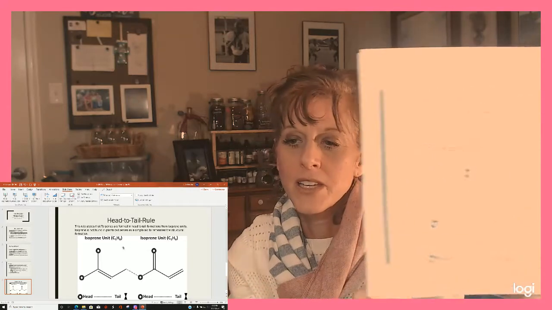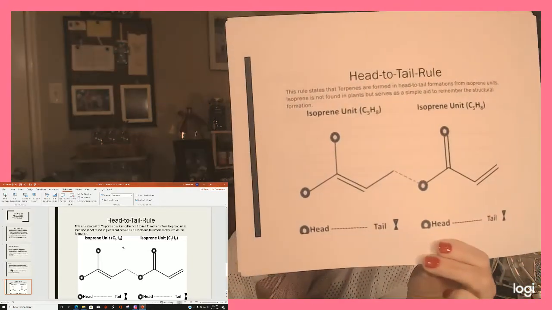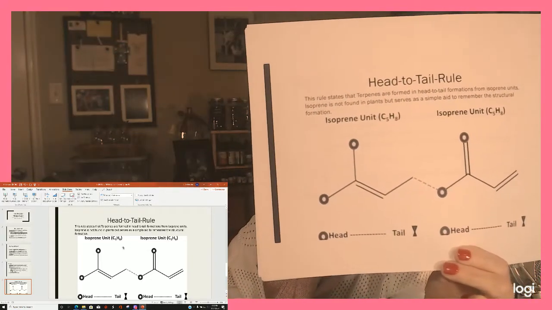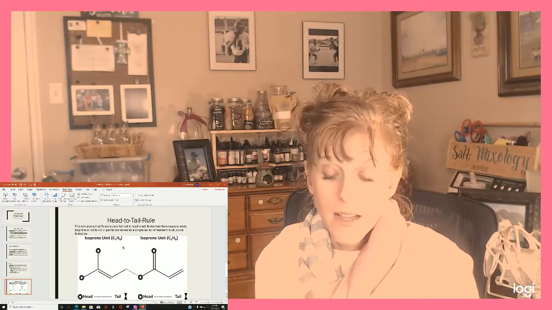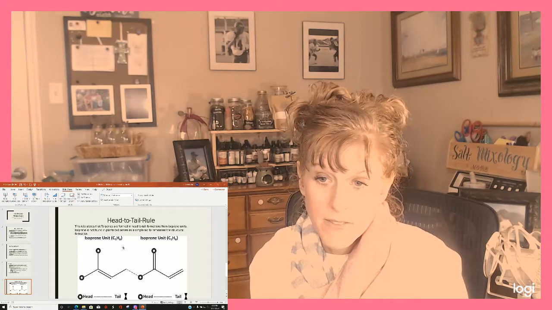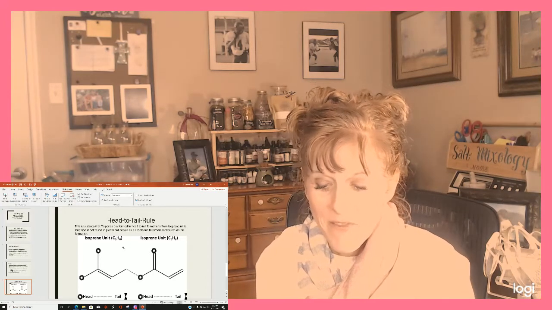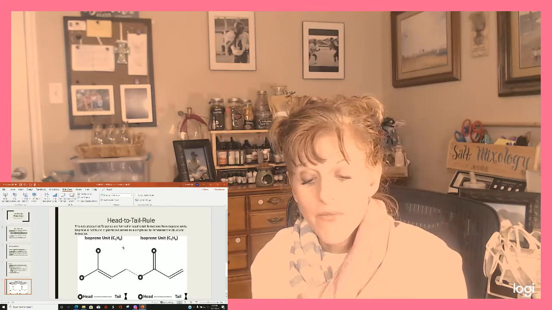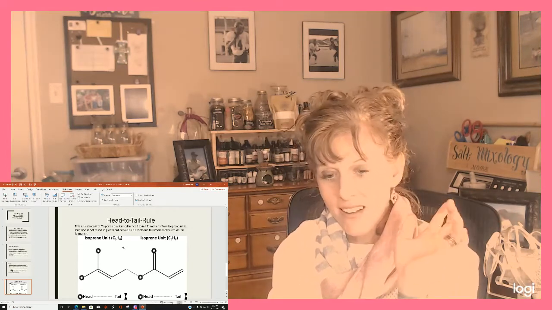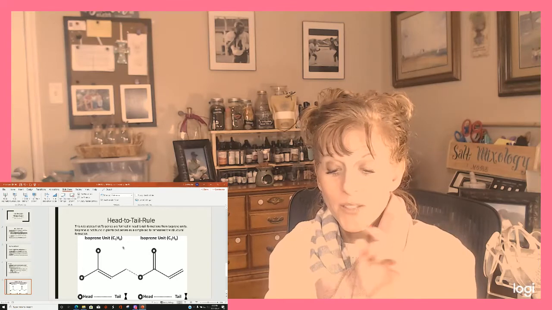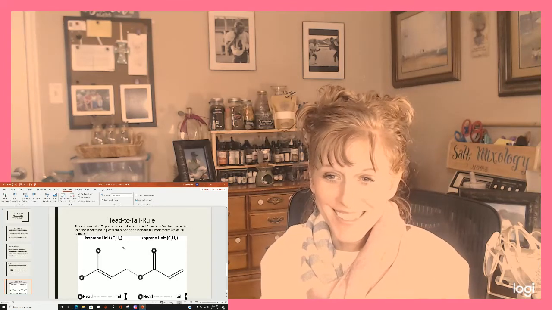Okay, and then here's another example of one right there. All right. Now, these have the hydrocarbons C5H8. But now, this is the kind of like, do I really need to have this knowledge? Isoprene is really not found in plants.